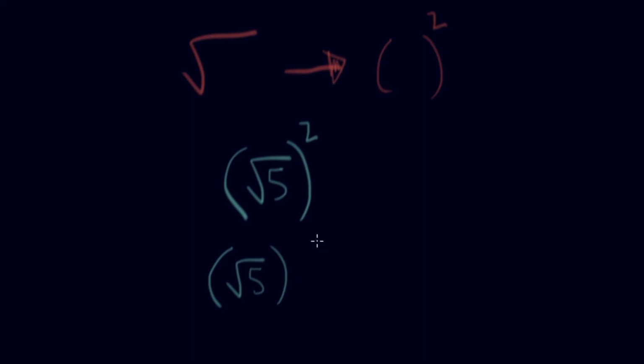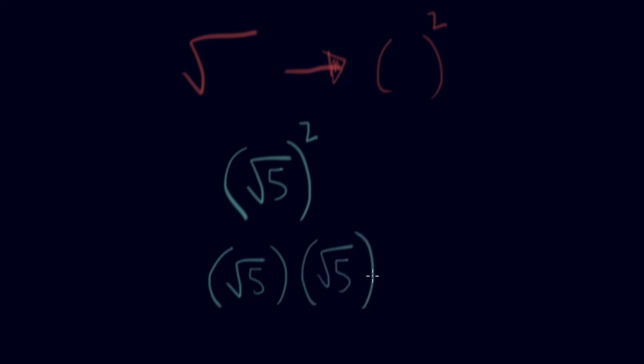So let's take a look at what happens when you go the opposite way. So let's say you had this, the square root of 5 squared. So what does that really mean now? Well, you know when you square something, you times it by itself. So this really means the square root of 5 times the square root of 5.